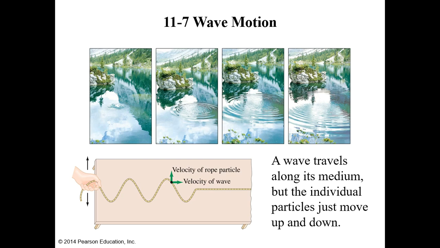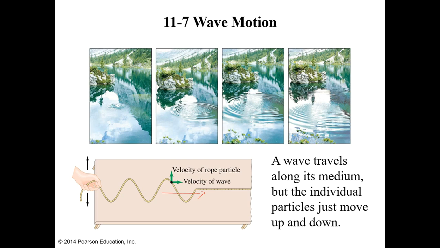Now, we often look at a wave and say, that looks like this whole wave is just moving this direction. So you have this large disturbance and the wave itself is moving. A common example of this would be something like an ocean wave. You say that the ocean wave moves onto the shore. Well, that's not exactly true.